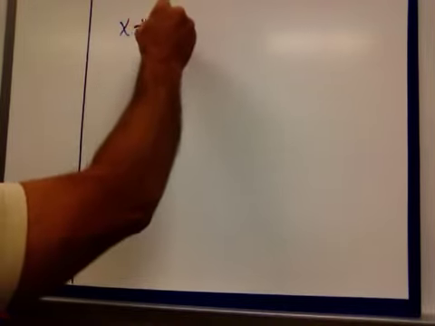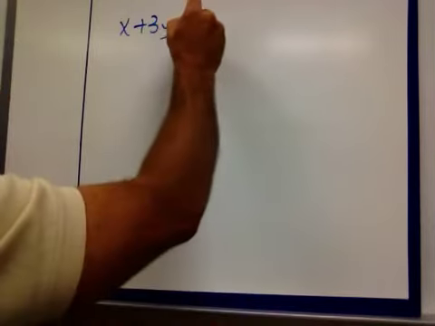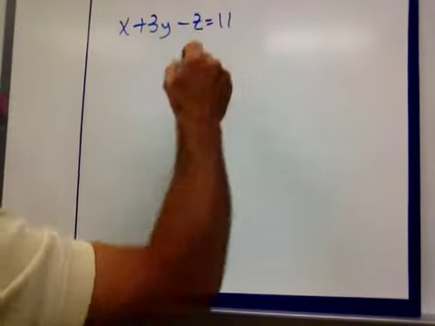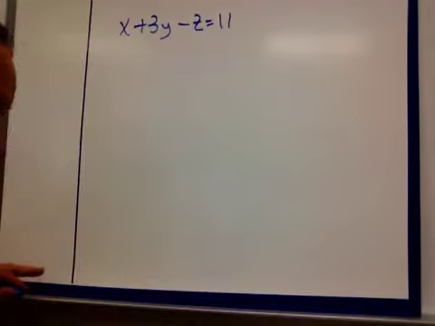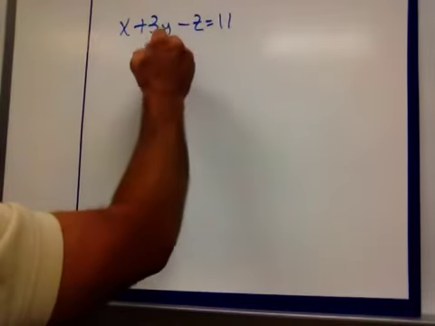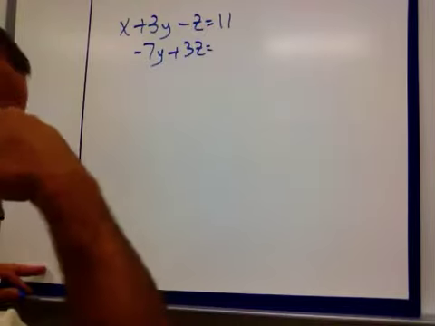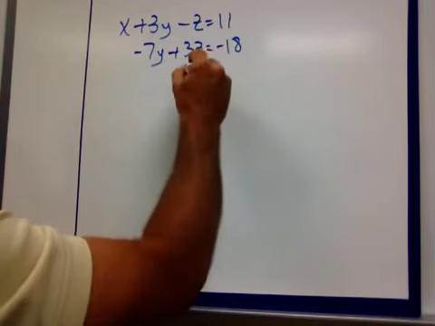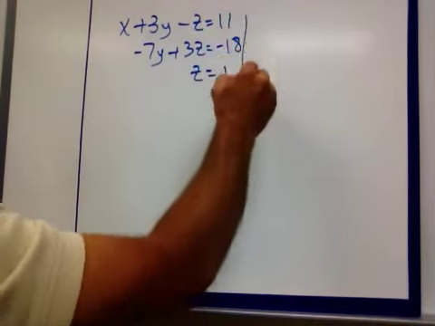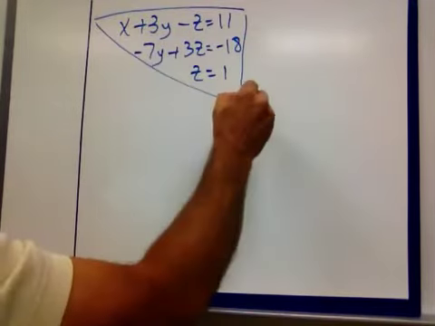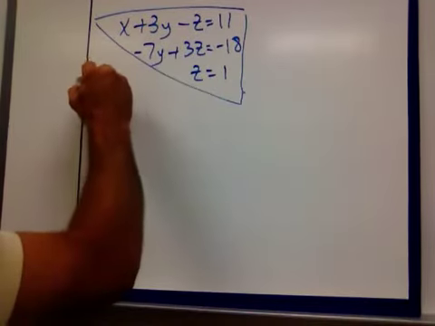We've got our x plus 3y minus z equals 11. We've got our second equation, that new second equation. I'm not going to change it. And then I've got z equal to 1. See the triangular form right here? That's what we mean. That's triangular form.